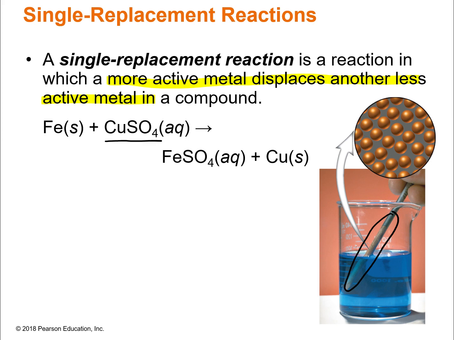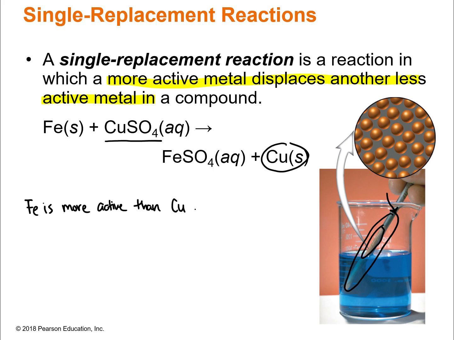Eventually what you'll see is copper being plated onto the iron. And that's what this kind of blow up is. So you see this brownish here. That's copper coming out of solution. The kind of metallic-y looking silver stuff, that's the iron. Iron is more active than copper.